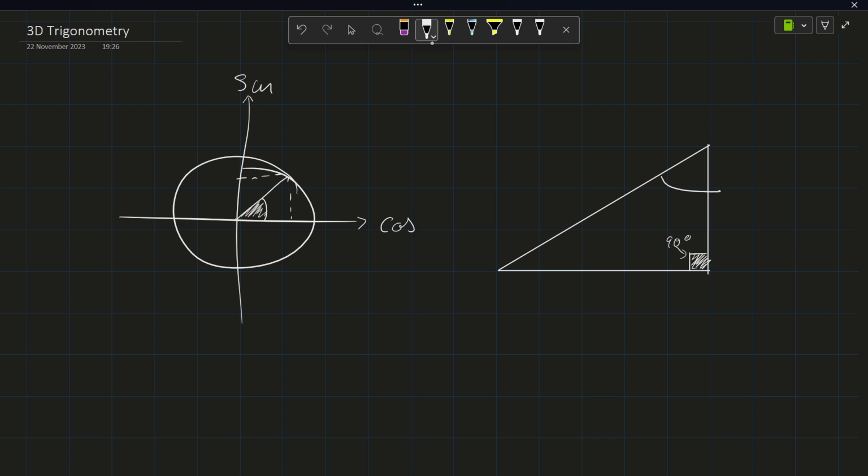Let's say this was theta. This diagram doesn't portray that well. We could just say 90 degrees, of which is in the ratio 1, 2.